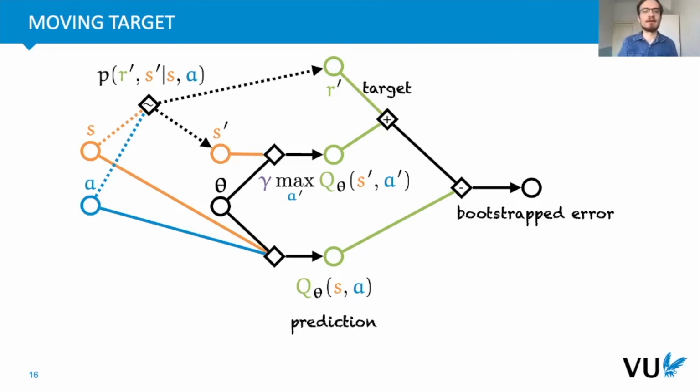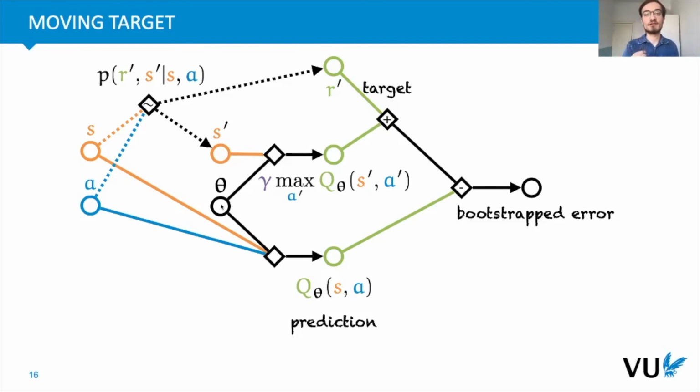There is another problem with this setting, which is that both the prediction and the target are dependent on your parameters. So if again we look backwards through our graph, like we also did in the last lecture, we see that there are multiple paths to theta. Namely, through our prediction, which is of course what we want. We want to make sure that our prediction is right. But it's also happening through the target.